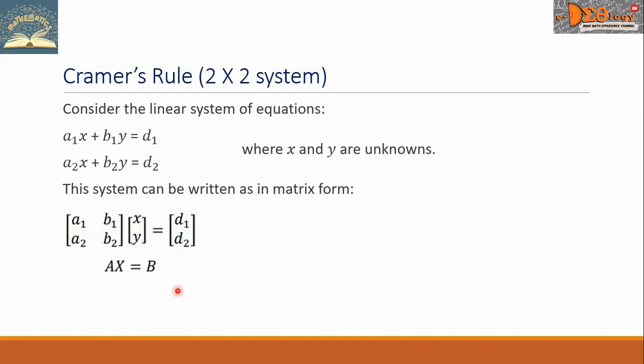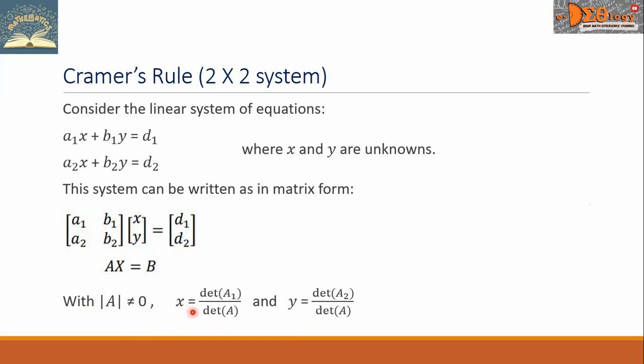And this is the same as AX equals B. A here is the matrix of coefficients, X is the matrix for the variables, B is the matrix for the constants. With determinant of A not equal to 0, we have now this formula to get the values of the unknowns.